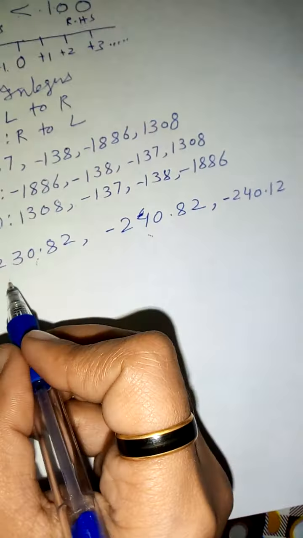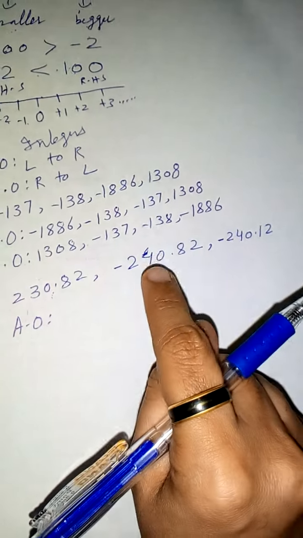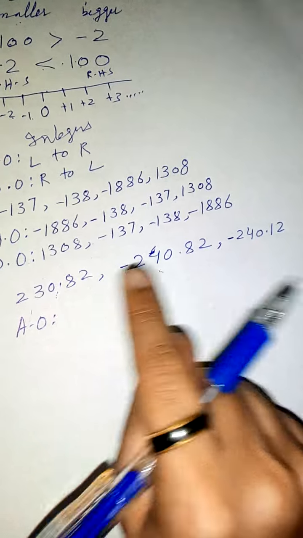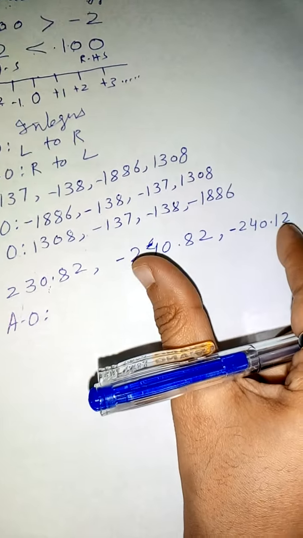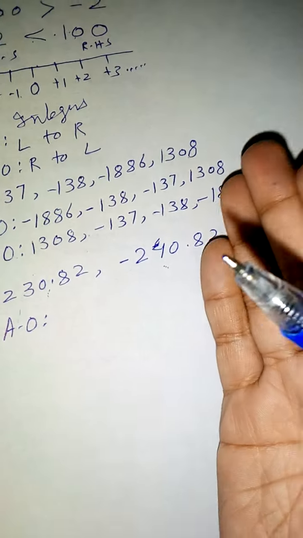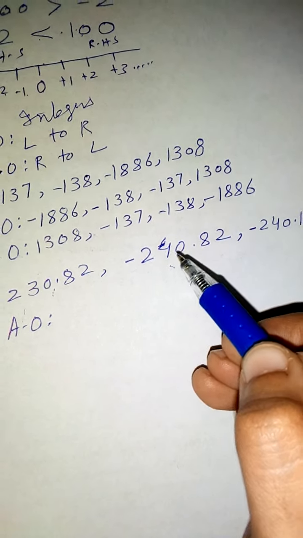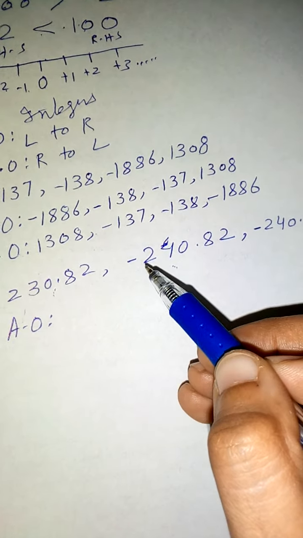240.12, and you need to find the ascending order, we always write the smallest one first. Positive numbers are always greater than negatives, so we need to look at the negative numbers first. 240: units, tens, hundreds. The decimal is always on your right hand side, and units and tens are always on your left hand side.